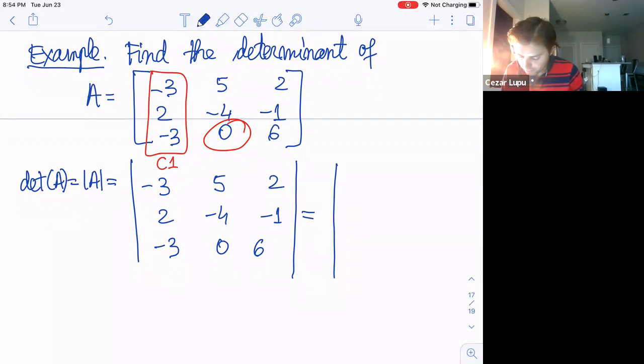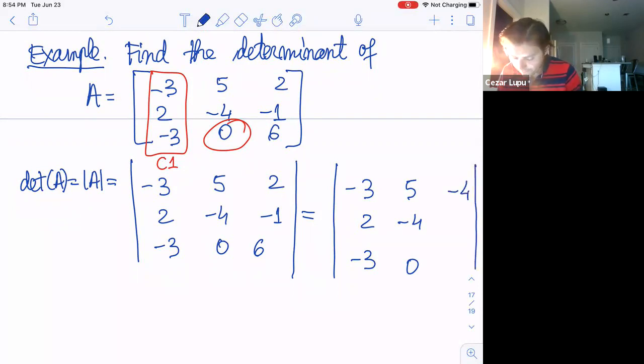So everything will stay the same. Let's look column-wise now. 5, -4, 0. And now 2 times the first column. So it will be 2 times -3, -6, plus 4 is -6 plus 2 is -4, right?